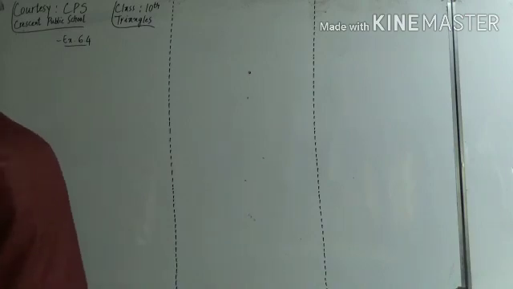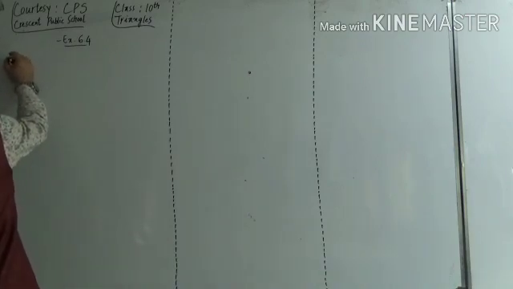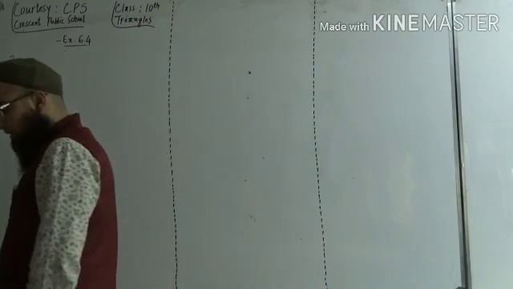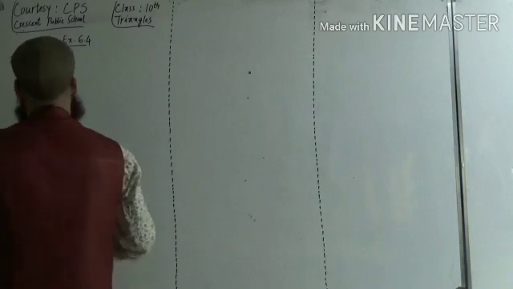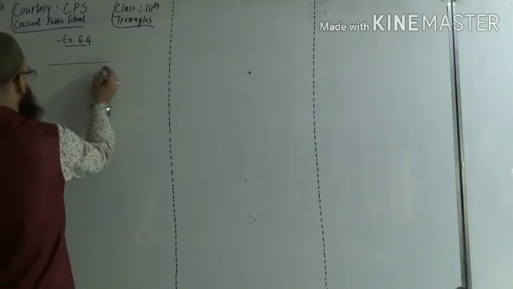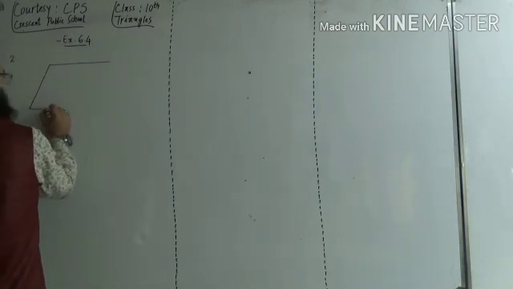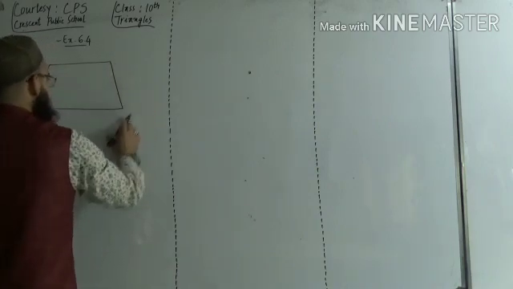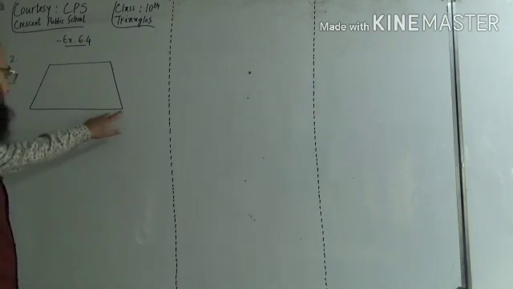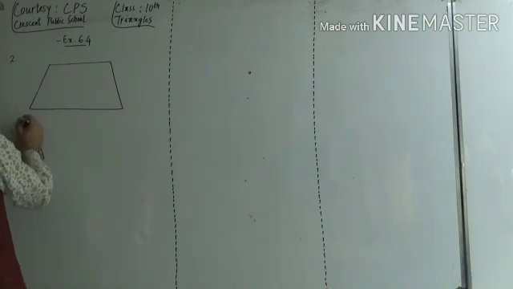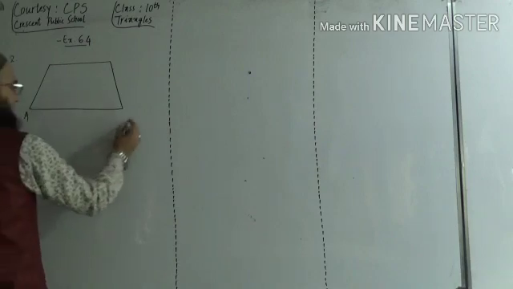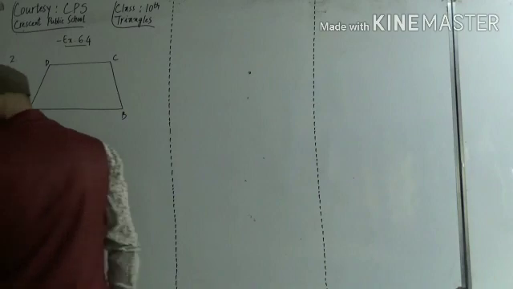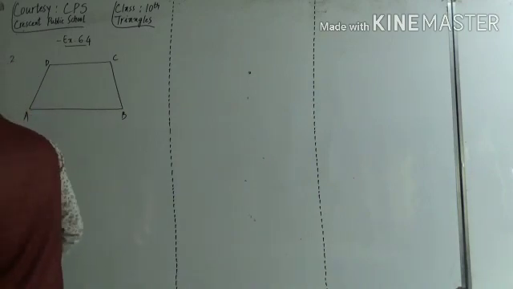Then we have question number 2. It says diagonals of a trapezium ABCD with AB parallel to DC intersect each other at point O. I have a trapezium ABCD where AB is parallel to DC.